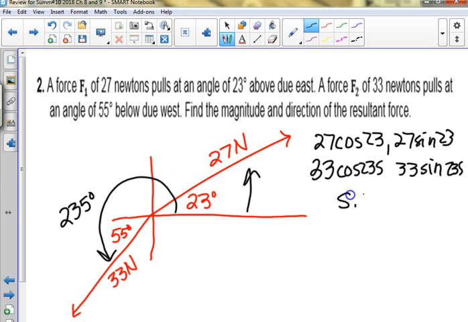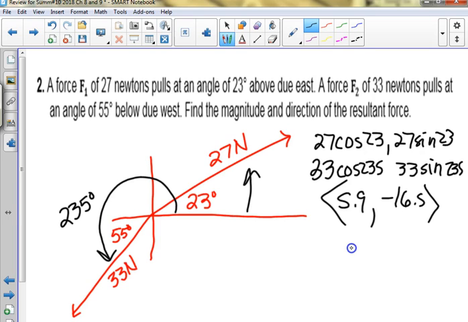I got 5.9 for this one. Anybody? Okay, that's to the right. And negative 16.5, anybody get that? Okay.